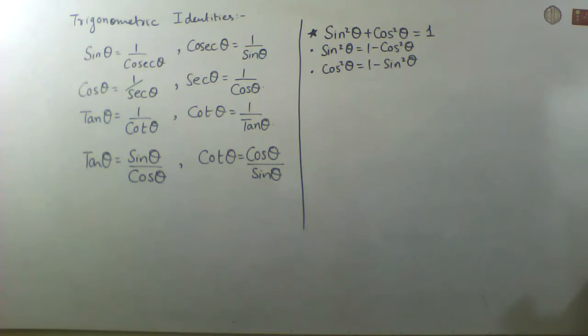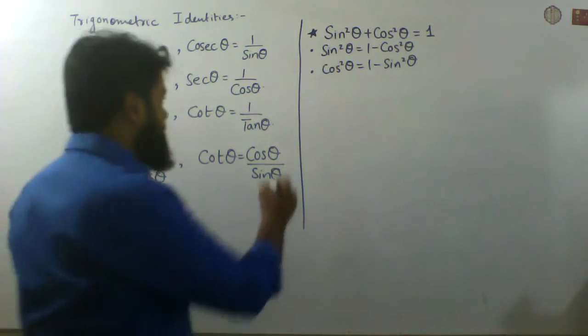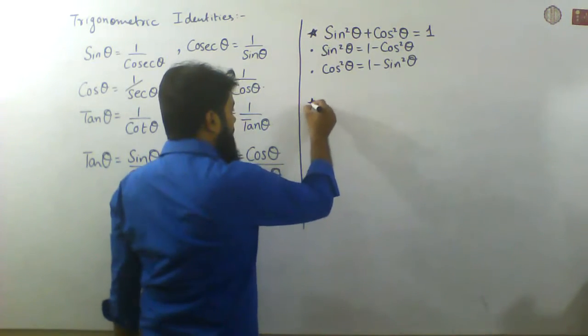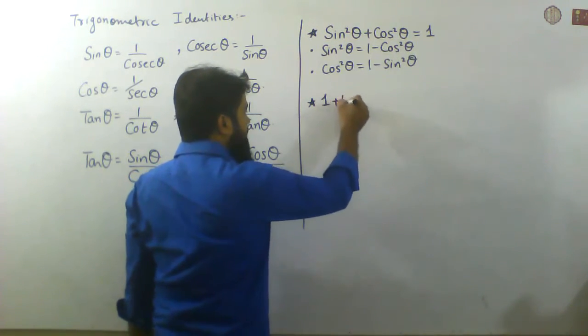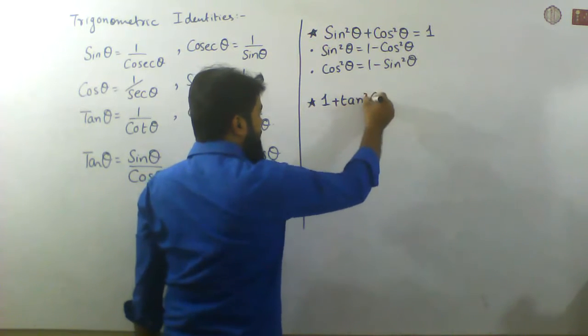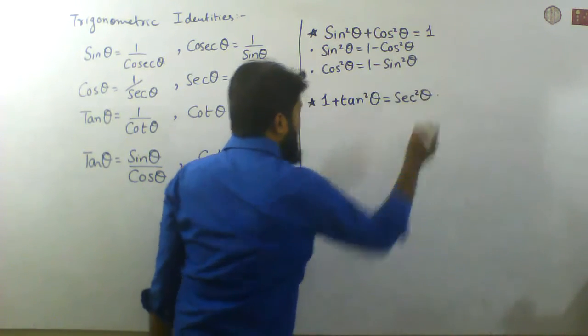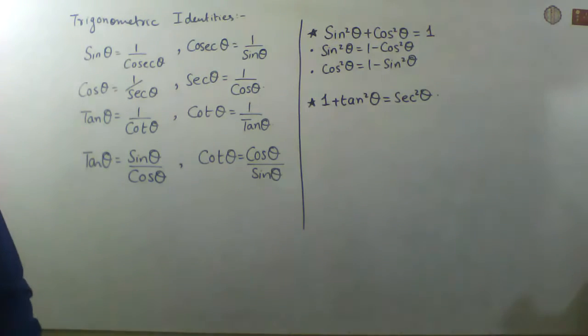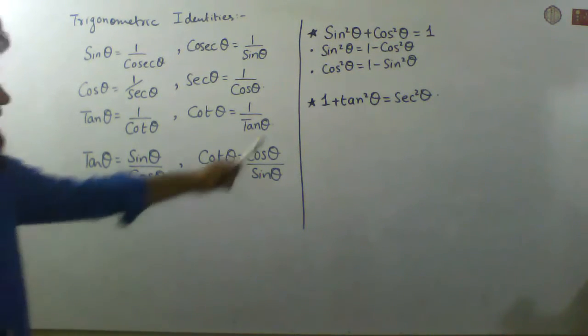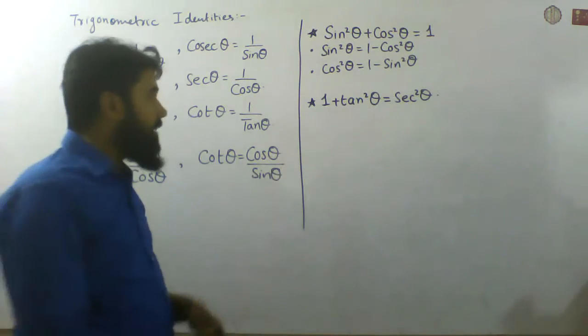The second one which we have got is 1 plus tan square theta equals sec square theta. That is another squaring identity.